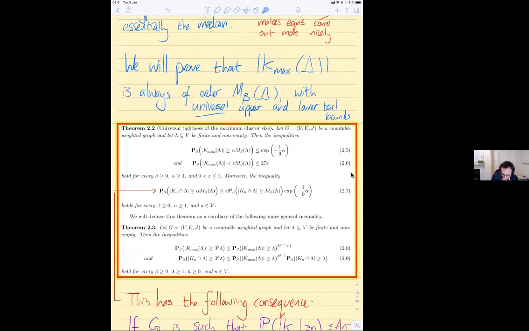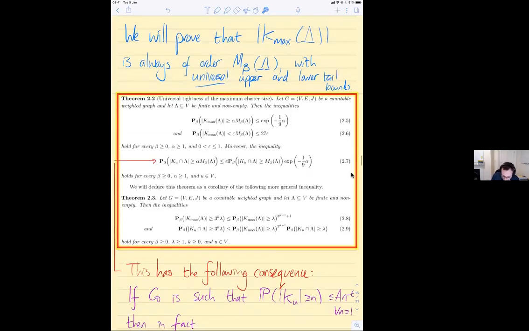In particular, what the theorem says is that if you take any weighted graph you like, any finite set, the probability this variable is more than alpha times its typical value is always exponentially small in alpha, with specific universal constants, and similarly, the probability that it's smaller than its typical value by a factor of epsilon is linearly small.